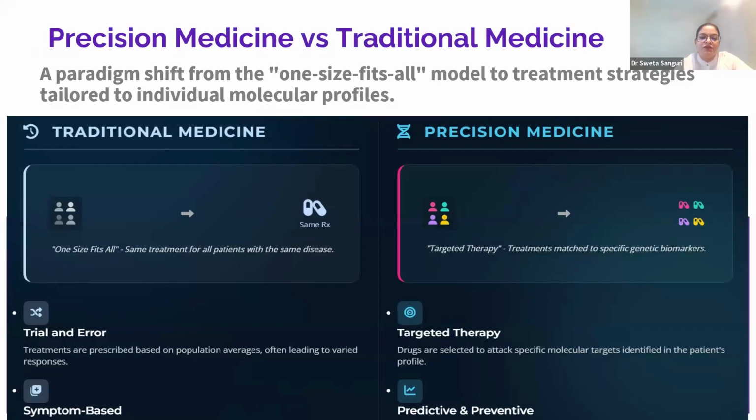Now, what's the difference between precision and traditional medicine? So, for a long time, medicine followed what we call a one size fits all approach. If two patients were diagnosed with the same disease, they would usually receive exactly the same treatment. In case of cancer, mostly the patients are getting chemotherapeutic drugs.